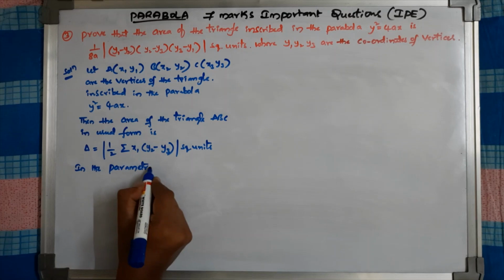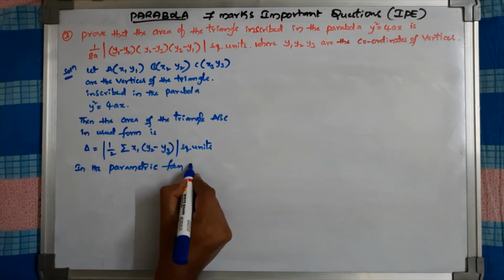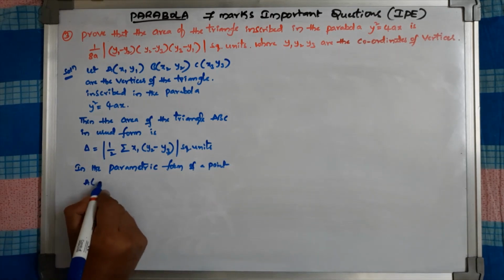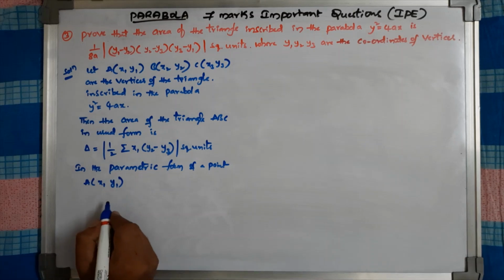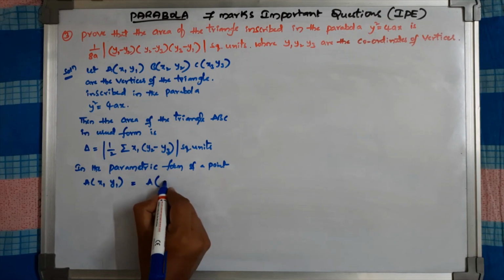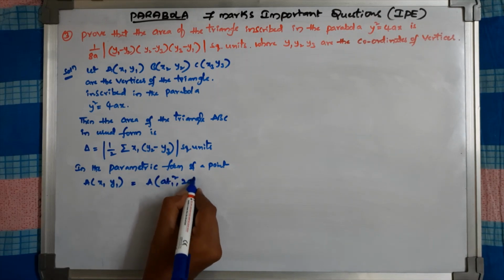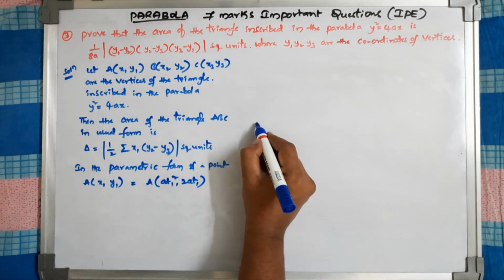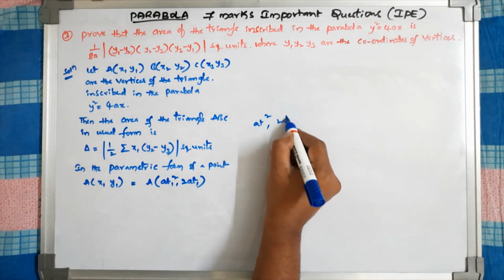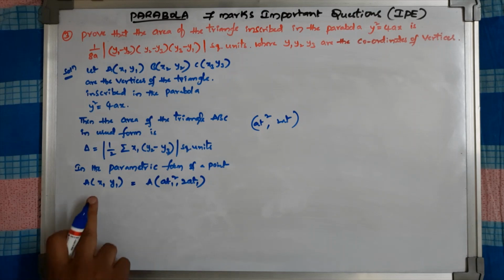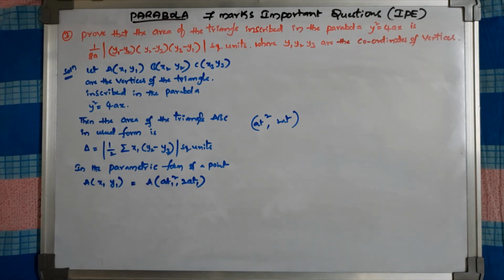The parametric form of a point can be written as (at², 2at). This is the parametric form of a point on the parabola. But here we are taking the coordinates as (x1, y1), so we are taking (at1², 2at1).